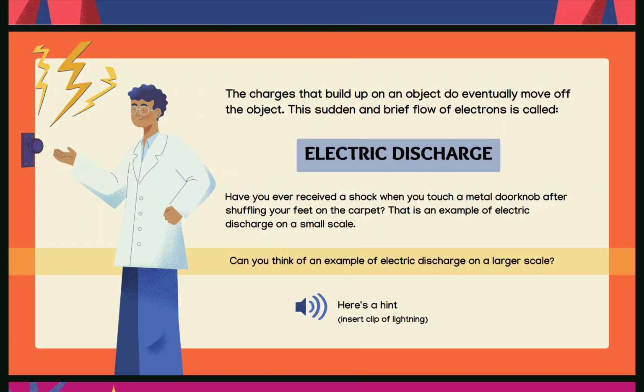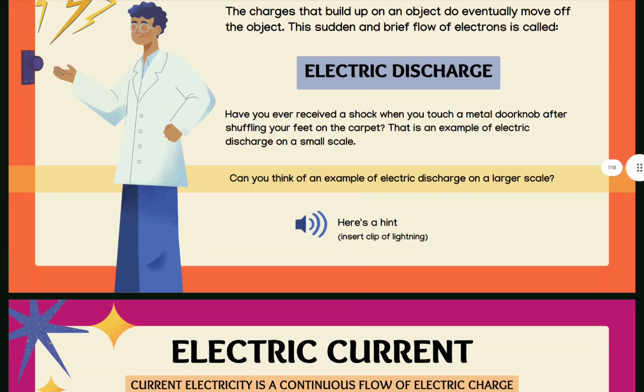You suddenly get up from your bed or your chair, you touch the handle of a door and you receive a very minute sort of shock. What is that? That's electric discharge on a very small scale.